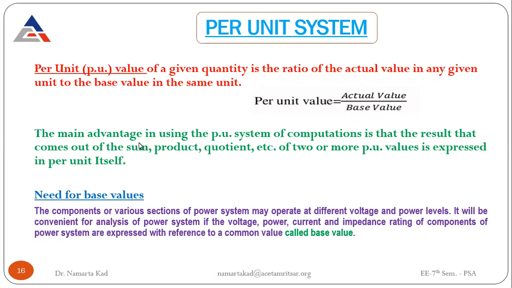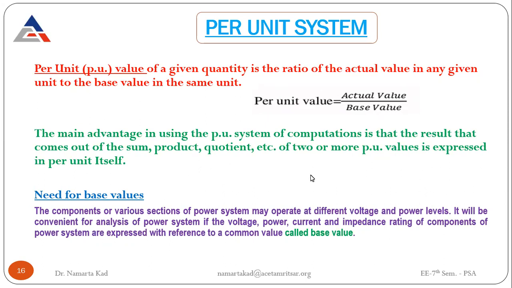The main advantage in using the per unit system of computations is that the result that comes out of the sum, product, quotient, etc. of two or more per unit values is expressed in per unit itself. So this one is very useful.